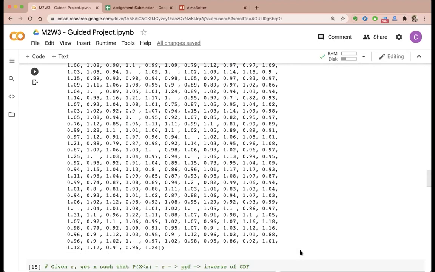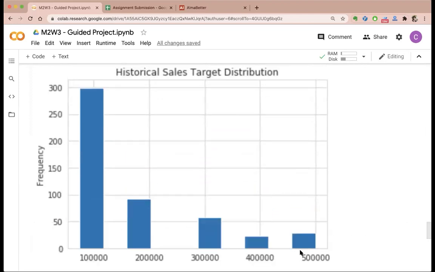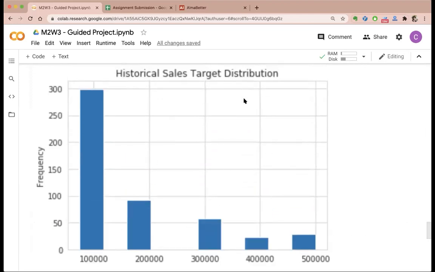So this is the sales target and not the actual sales, so remember that. From this curve, what can you conclude? This is the historical sales target distribution. What can you conclude from here?